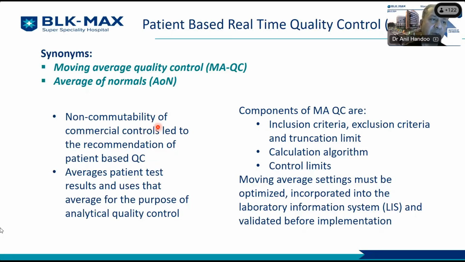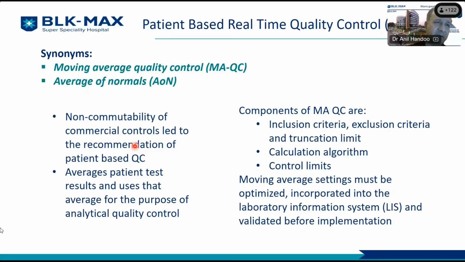So when we look at non-commutability, the idea is to ensure that the value which is coming out from the sample has to be homogeneous. Because if it's not homogeneous, for example, in my laboratory, we have samples coming from gastro, onco, neuro, ICUs, and then of course the so-called health checkup.